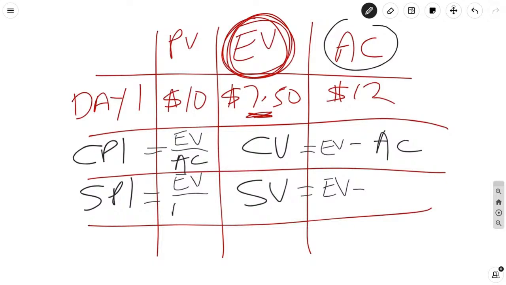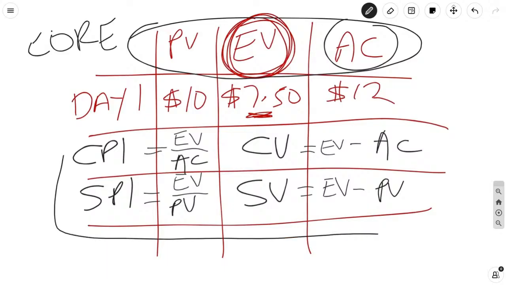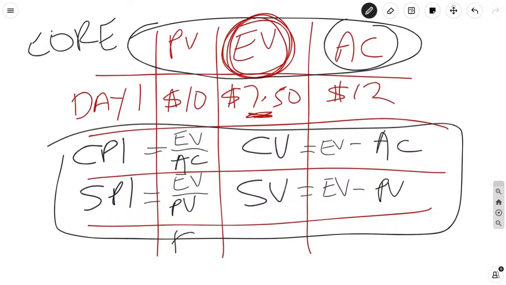We put the planned value anywhere we have the S. And those are your 4 core metrics, or your 4 derivative metrics that you got from these 3 core metrics. So you can say this is core because that's the base, and these guys are derivative. Those are your derivative metrics.